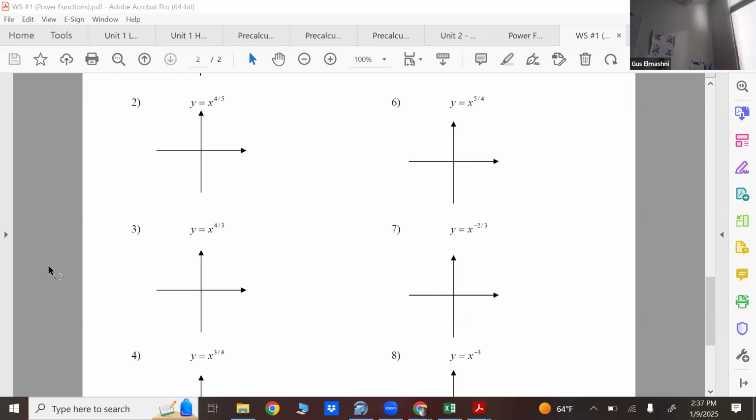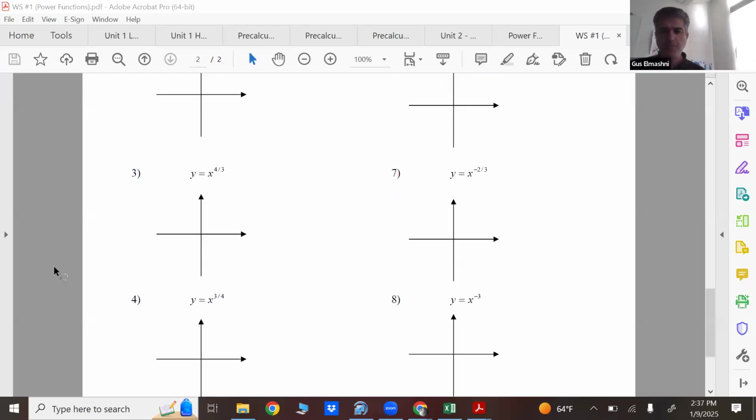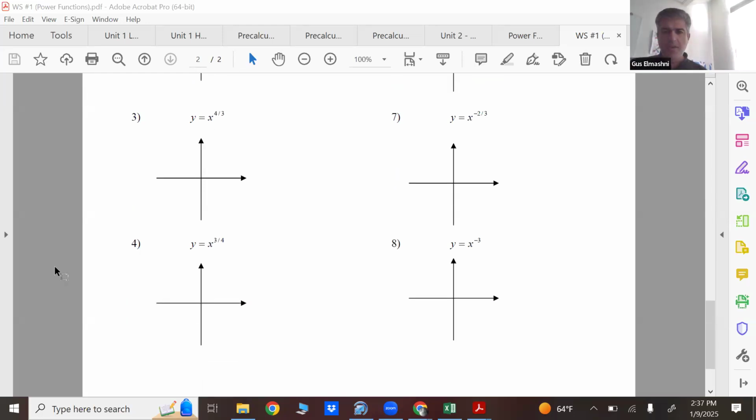Let's do negative exponents really quickly, and we'll then just move on to other stuff. Okay. So this is 1 over x to the 2/3. That's 1 over x cubed. Well, I kind of expect it to look like this, right?